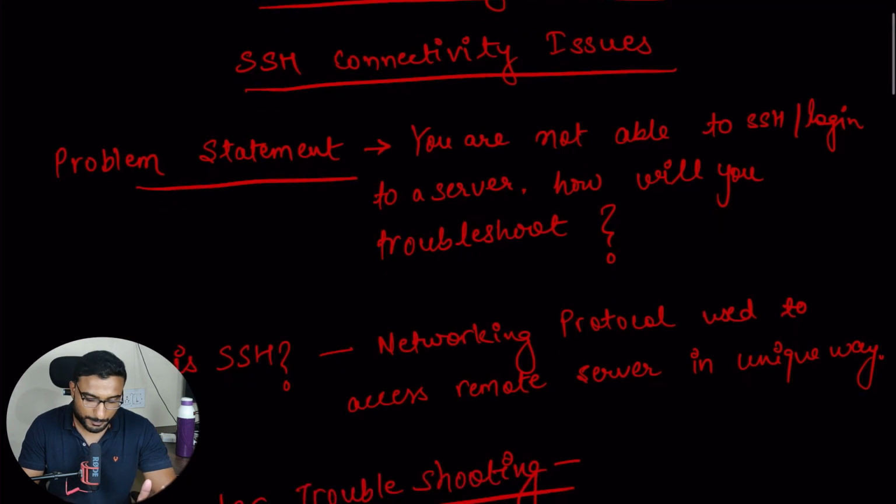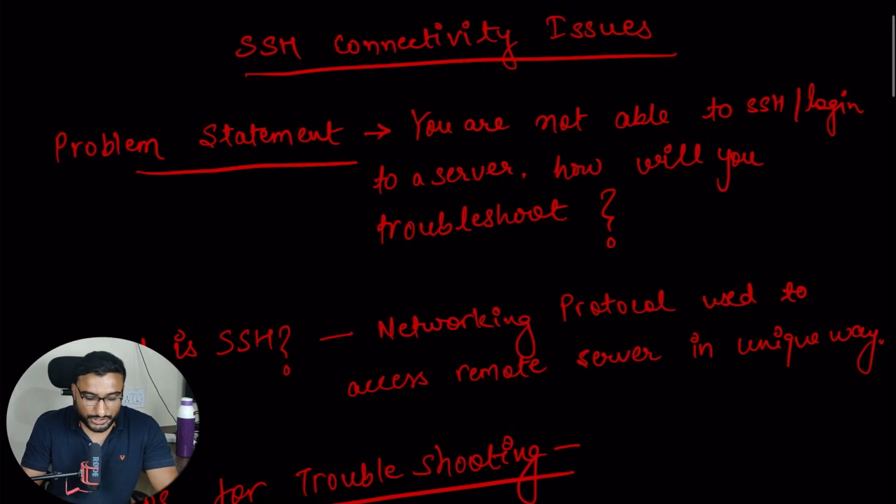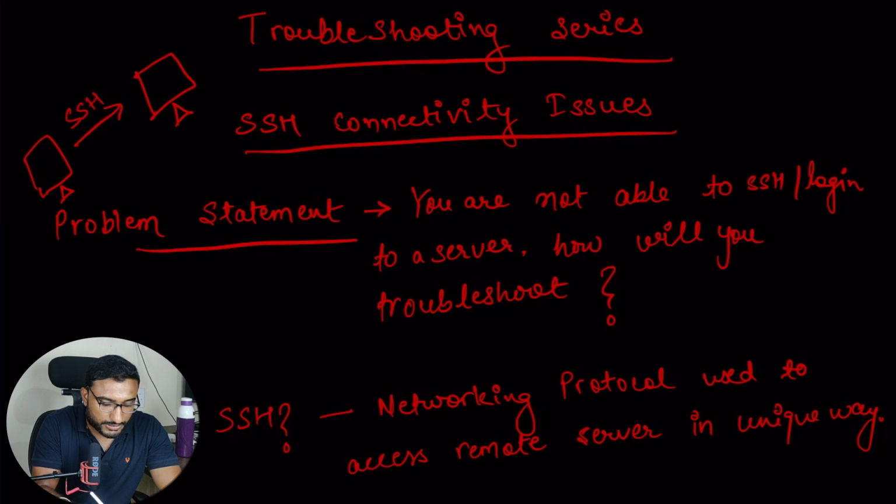So let's start with the problem statement. What is the problem statement we are trying to solve? Basically, you are trying to SSH into a remote host. Let's say this is your local machine, and from here you are trying to access a remote host via the SSH protocol.